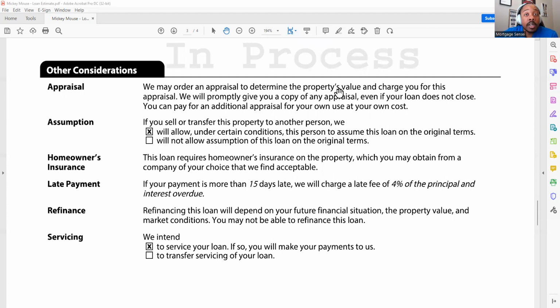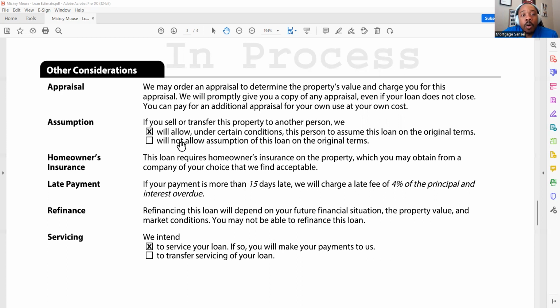So this is a great scenario when interest rates are going up, right? When rates are going up and a person's going to buy your home, you could give them the same original terms of the loan. Now, of course, you want to get your difference, but it may make sense if they can assume the loan, especially if you're doing it for a family member. I see that a lot.